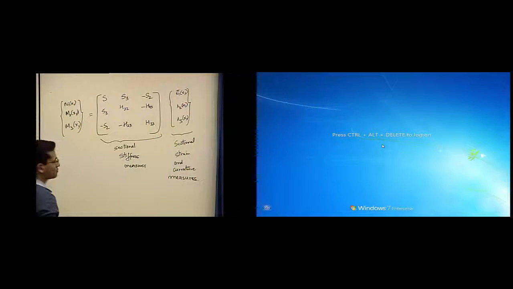So these are again sectional stiffness measures, these are the resultants.